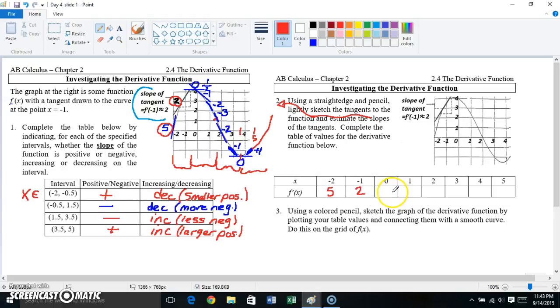At 0, the slope might be negative 1/2. At positive 1, maybe the slope's negative 2. At 2, maybe the slope is negative 2. Now I'm going to say that maybe in here at 1.5, the slope might be negative 3.